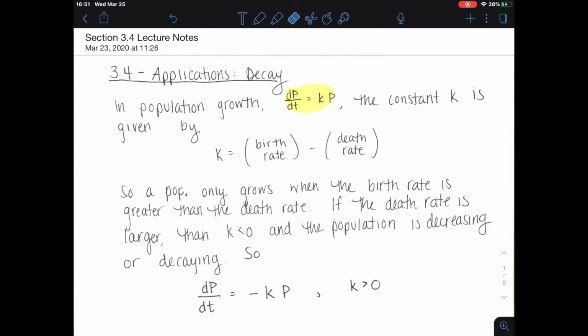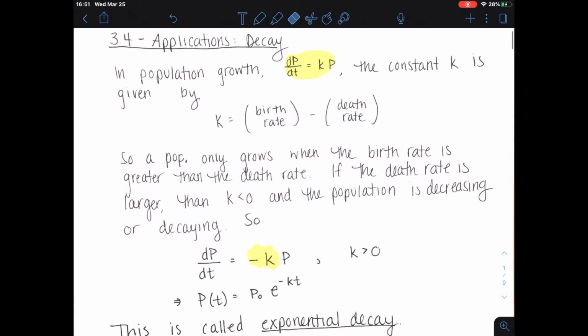So basically you can write the same type of differential equation, but now it's decreasing. So the rate of change is negative. You still have the same type of solution for this. So the function that satisfies this differential equation is the initial population times e to the negative kt. So this is exponential decay.